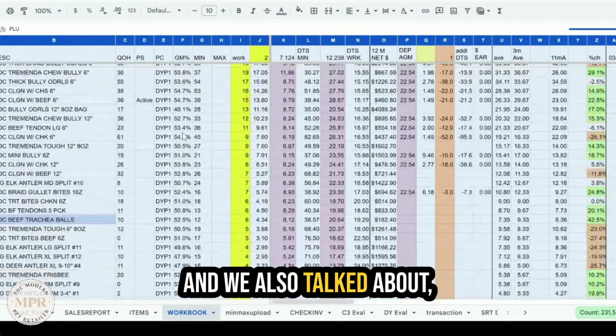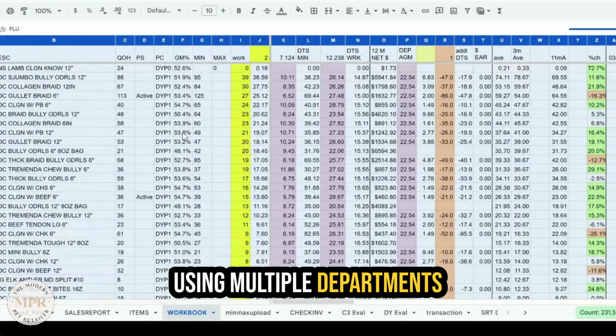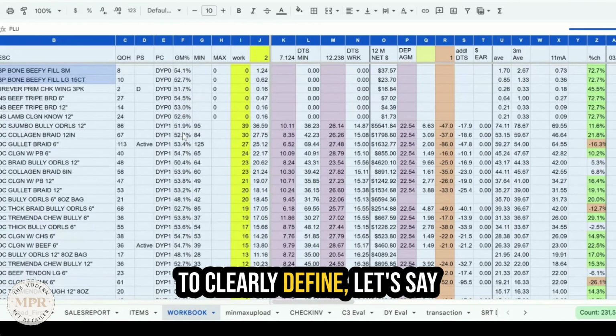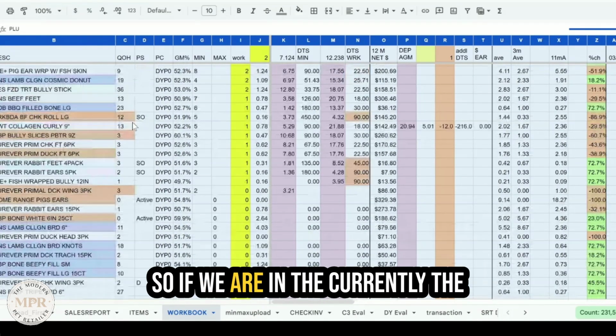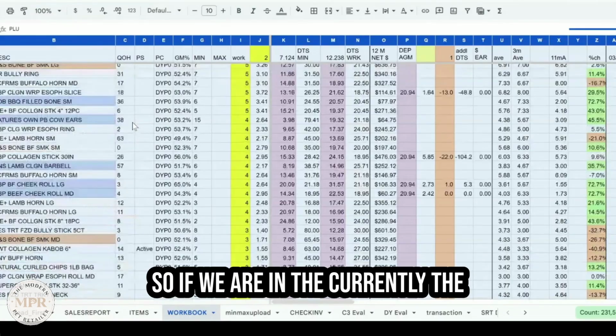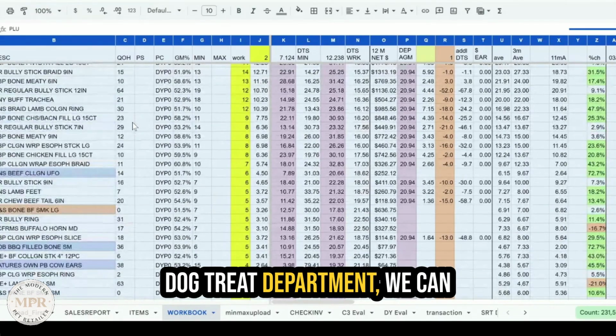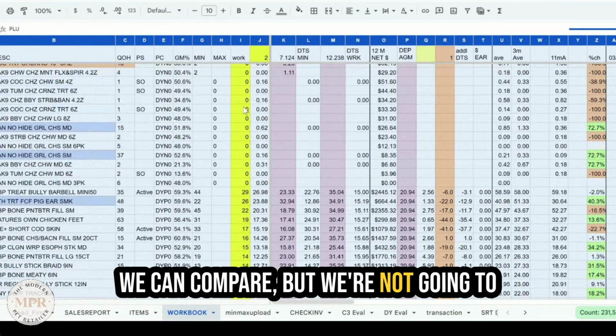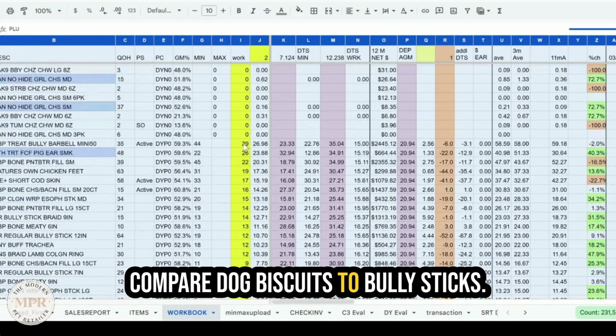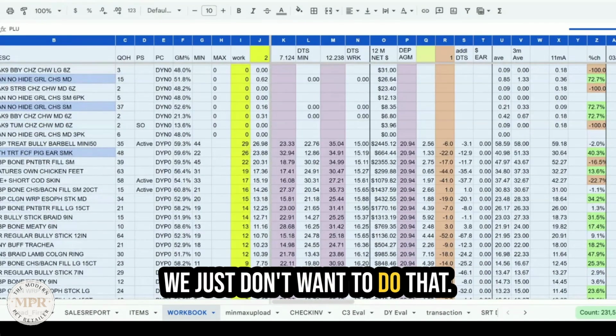We also talked about using multiple departments to clearly define and compare similar items. So if we are currently in the dog treat department, we can compare bully sticks to bully sticks, but we're not going to compare dog biscuits to bully sticks. We just don't want to do that.